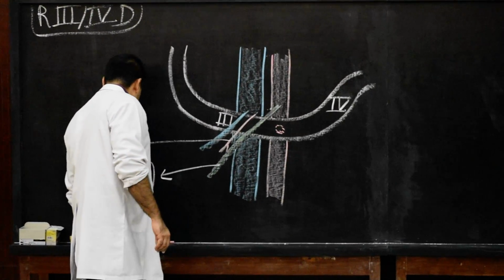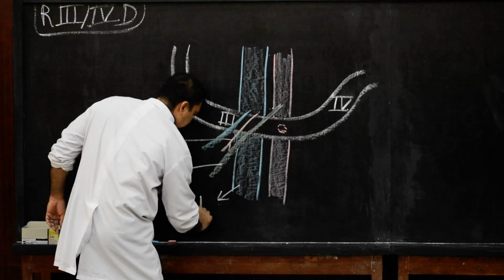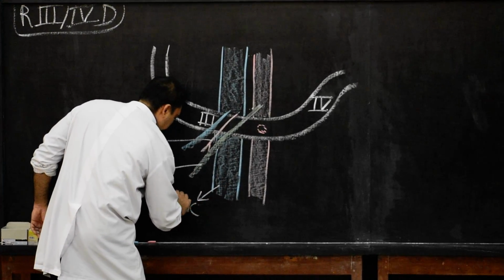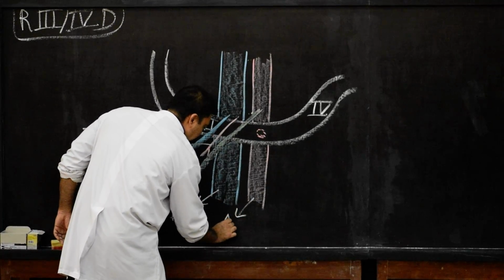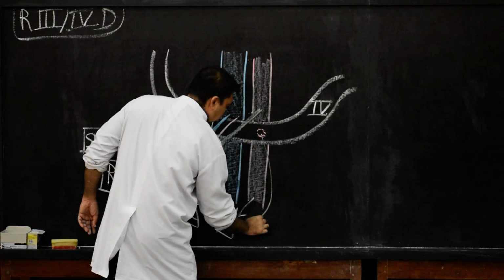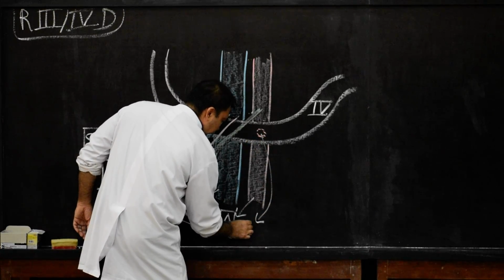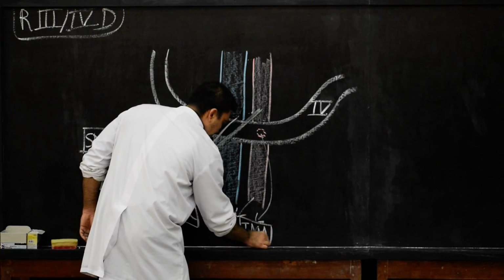So we have to mark these structures. The first structure, please mark as inferior vena cava. Second structure, please mark as aorta. Third structure, please mark as the origin of the inferior mesenteric artery.